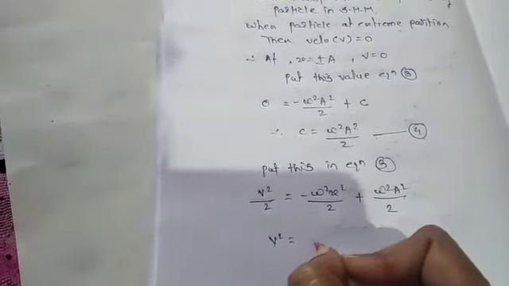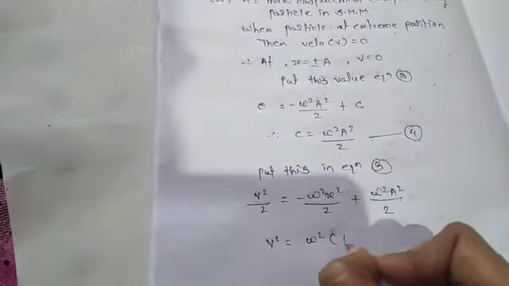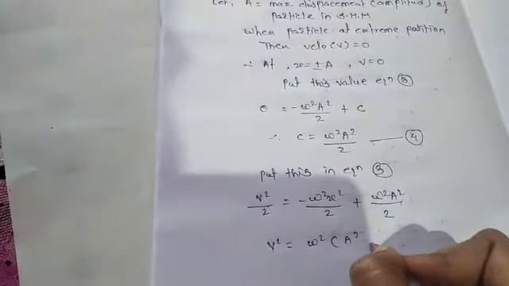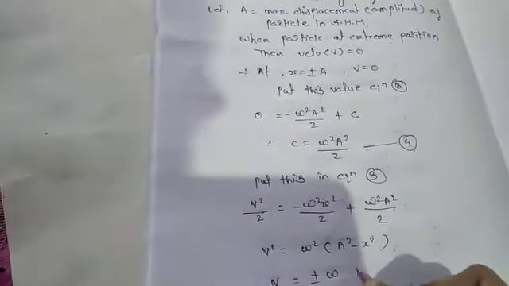So we can write this equation as v square is equal to omega square into (a square minus x square). So v is equal to plus or minus omega under root of a square minus x square.